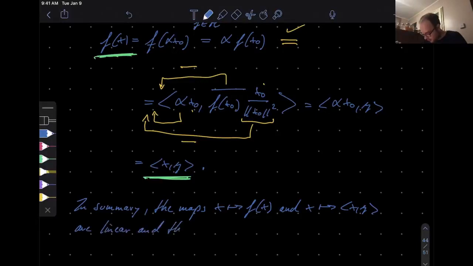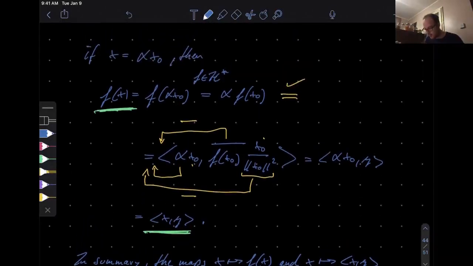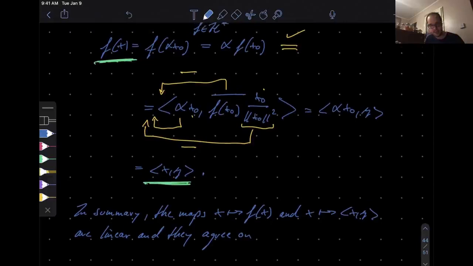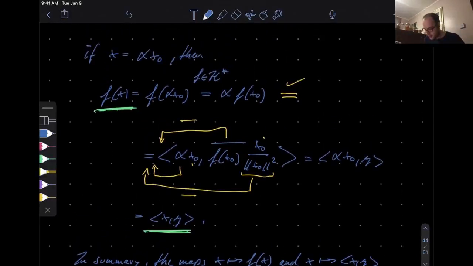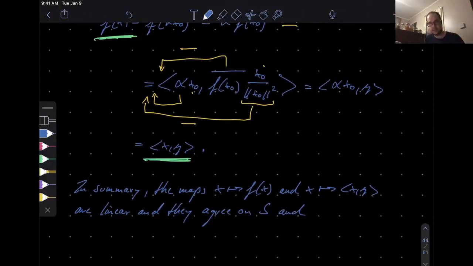And they agree on, well, these were the two green underlined things. The first green underlined thing was that they agree on S. And they agree when x is alpha x naught, that's precisely the span of x naught, right? All possible linear combinations that you can form out of this one vector, which are just the multiples of this vector.